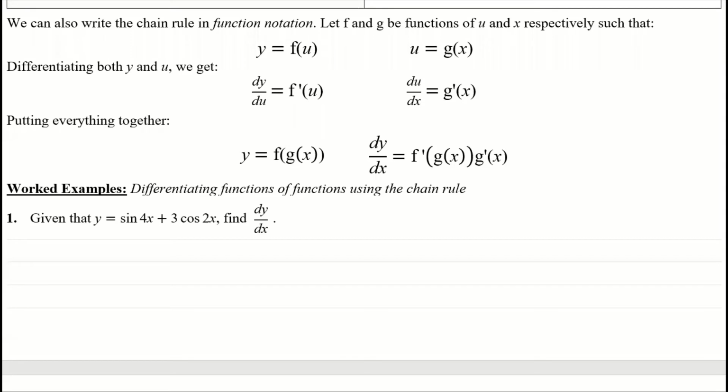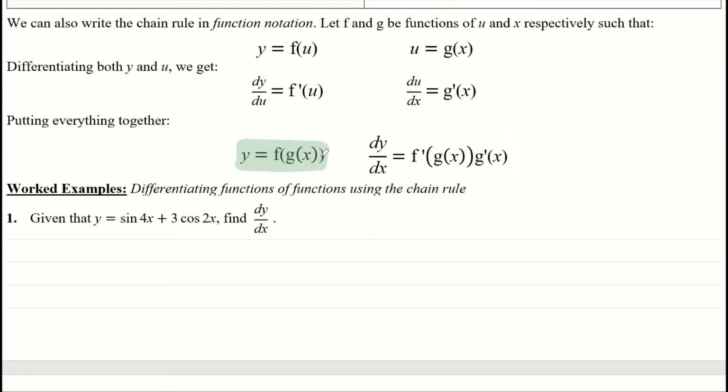Just to conclude this section, and before we move on to the worked examples, I want to show you a different way in which the chain rule can be represented, and it's something you might see in the formula booklets or a textbook. The function you're trying to differentiate, remember, is a composition of two functions, as you can see here. So the outer function is f of x, if you like, and the inner function would be g of x.